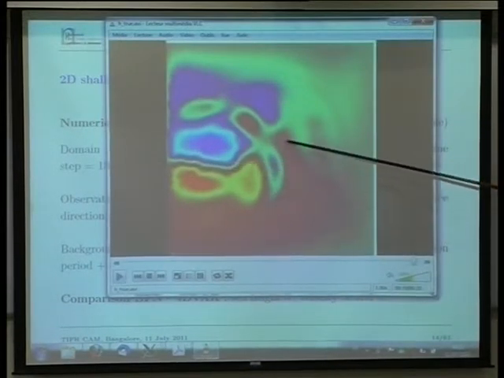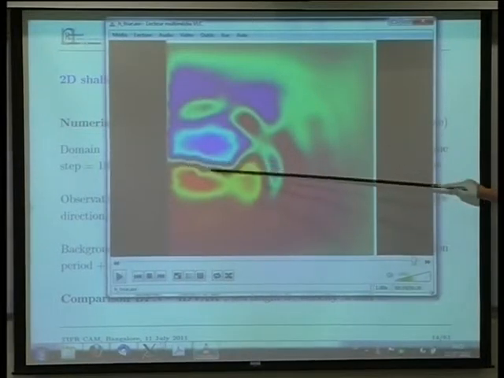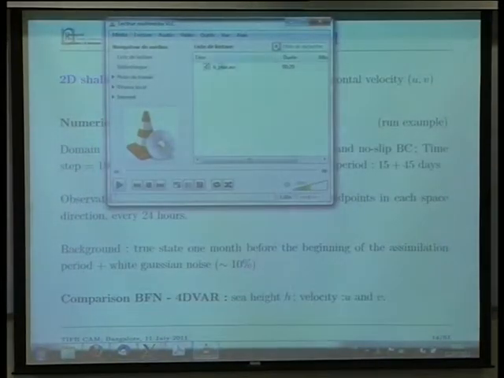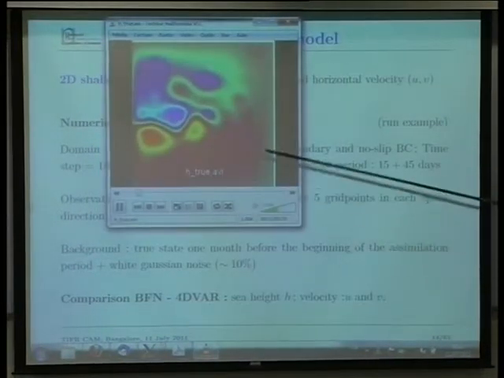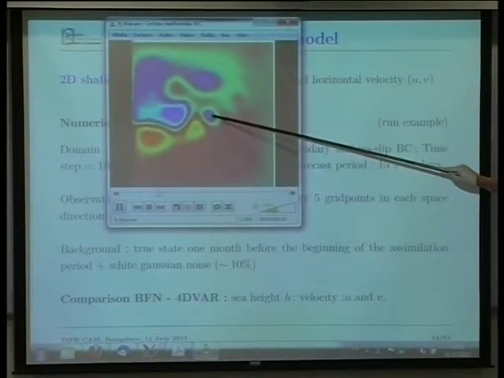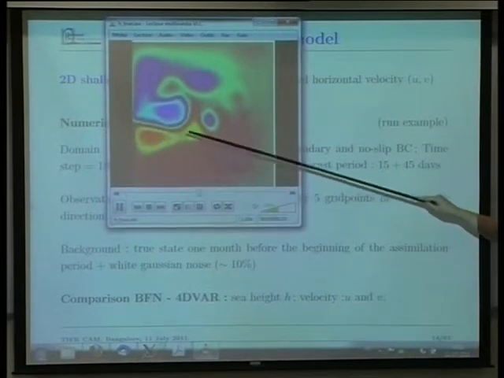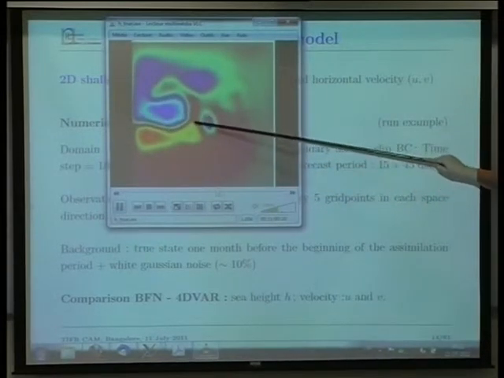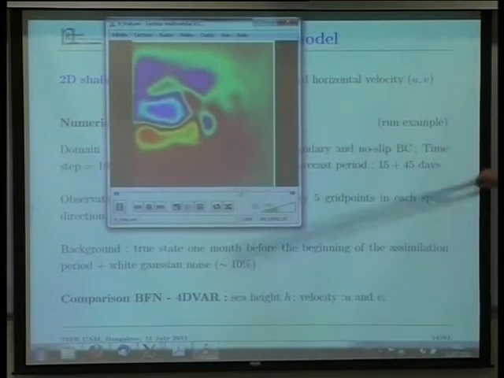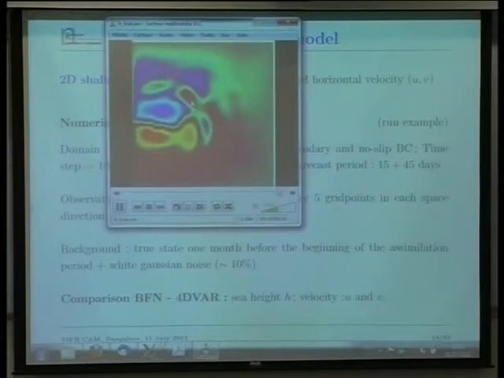So the idea is that you have some main current here, for instance, the Gulf Stream in the North Atlantic Ocean. Water is going like that, and then there is a recirculation over here and also here. And so the Gulf Stream is moving, and you have some nice vortex.